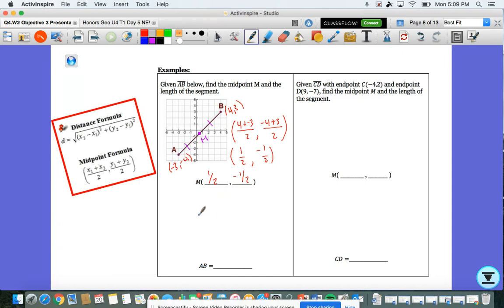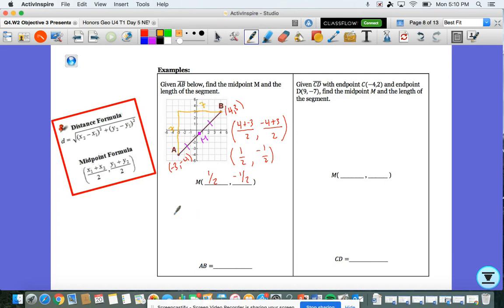The next piece that we're going to go on to with this is finding the distance. I have this distance formula, and I could also go ahead and connect A and B and form a right triangle. What's this distance? 1, 2, 3, 4, 5, 6, 7. And this is 1, 2, 3, 4, 5, 6, 7.